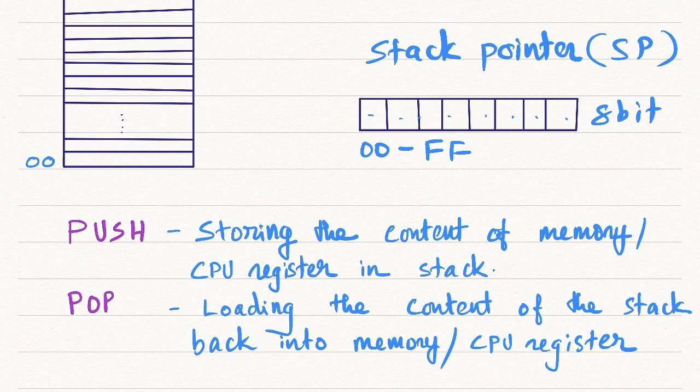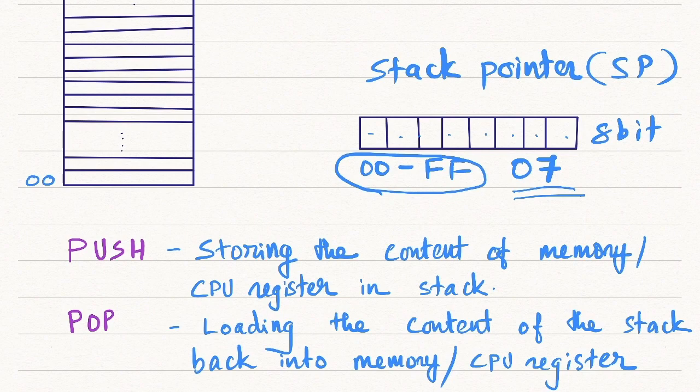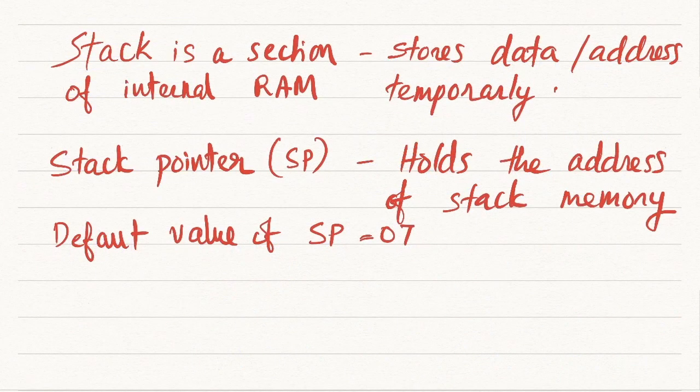As I told, a stack pointer can hold any value between 00 and FF, but the default value of the stack pointer is 07. There is a specific reason why it is 07. In a nutshell, we can say the stack is a section of the internal RAM.